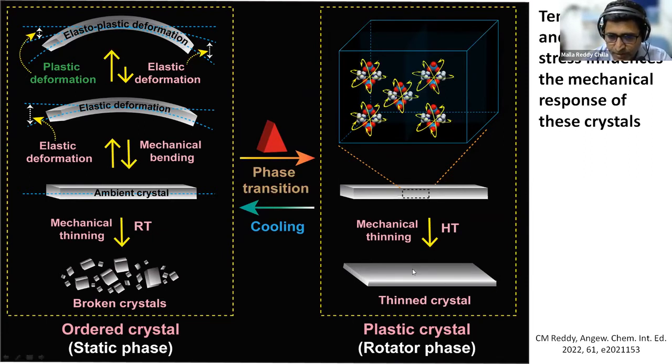This is typical of plastic crystals. When you go closer to the melting temperature, they show high plastic deformation, which is what we have seen here. So you have all kinds of properties. It is brittle to some extent, and it shows plastic and elastic deformation at room temperature. Then at high temperature, it is extremely plastic.